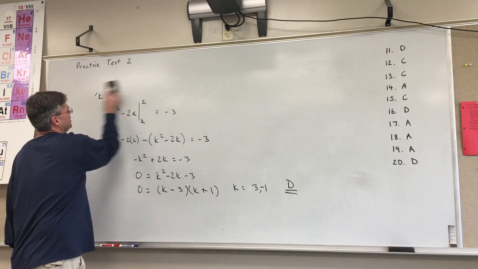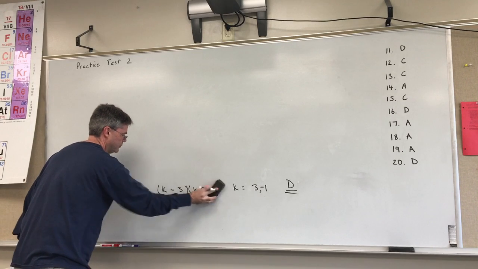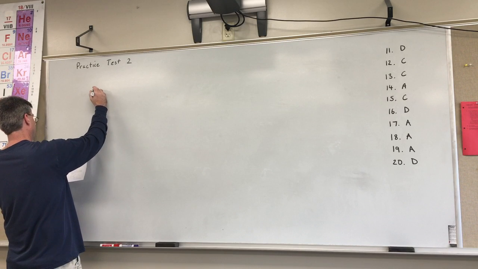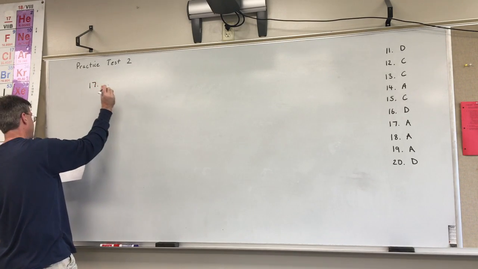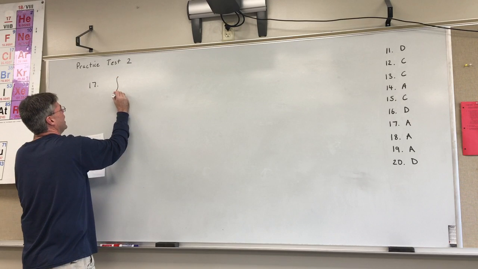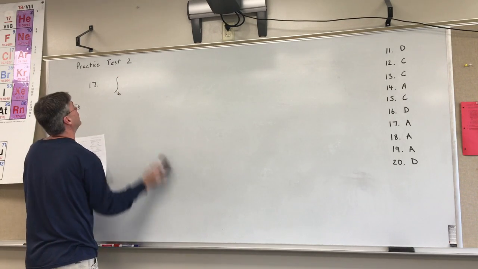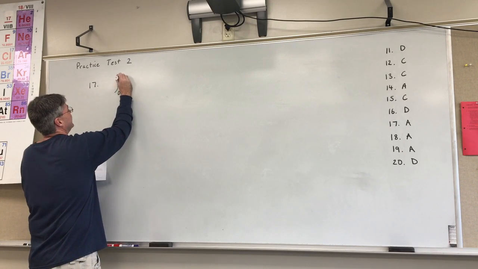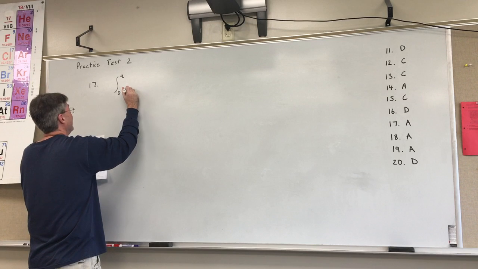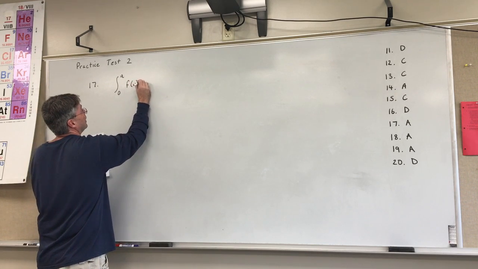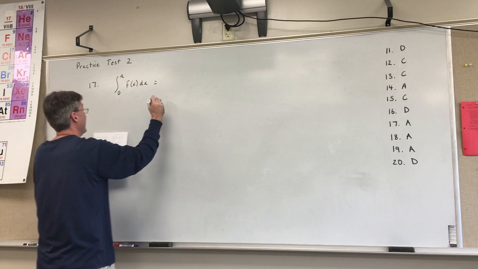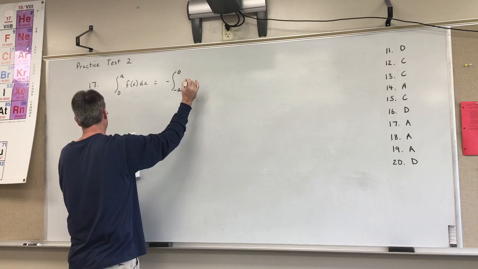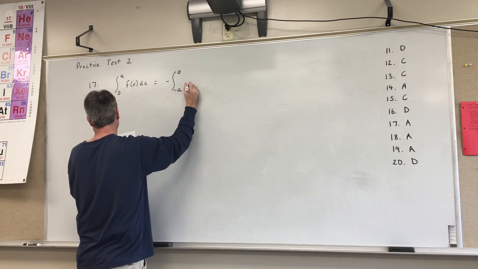All right, number 17. It says the integral from 0 to a of f of x dx is equal to negative the integral from negative a to 0 of f of x dx.